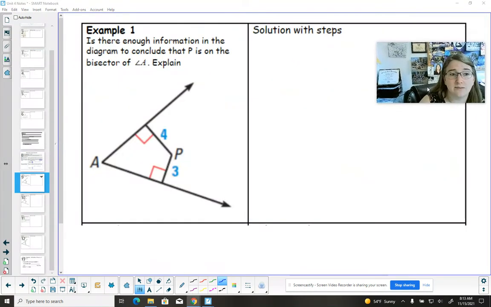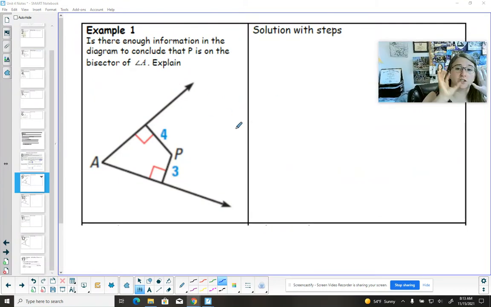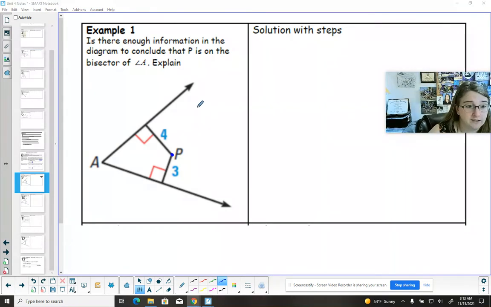Let's go ahead. The first part of this is the same as last time. We're going to look at the picture and determine, do we have enough information to conclude that P is on the bisector of angle A? Obviously, there is no bisector drawn, but if I were to draw it, it might look something like that. We want to know if there's enough information, so we need two things. We need this point to be equal distances from both sides of my angle. Here's one distance, here's the other.